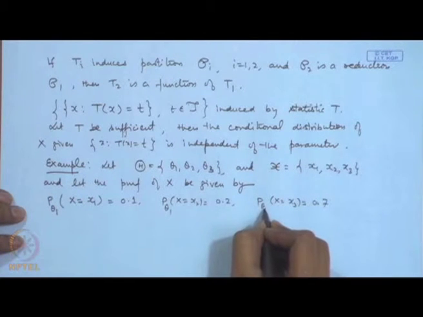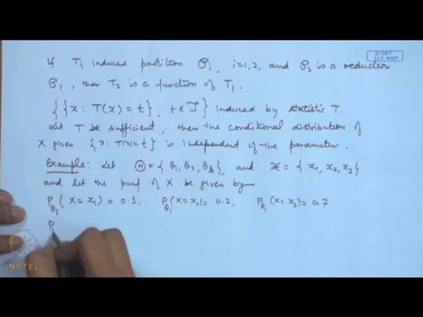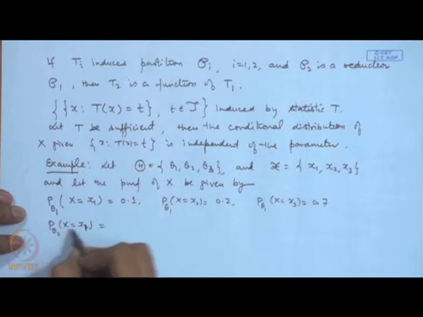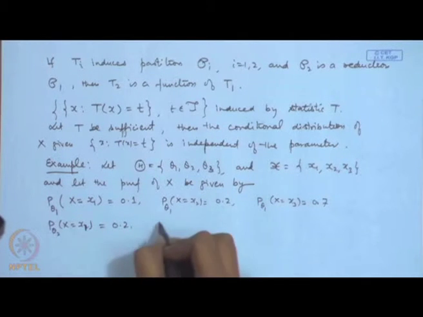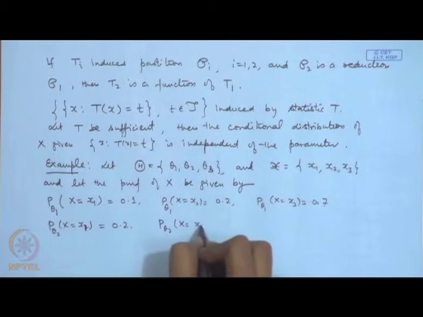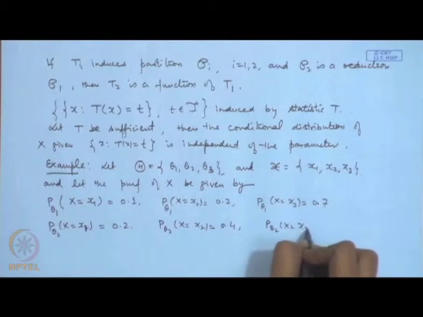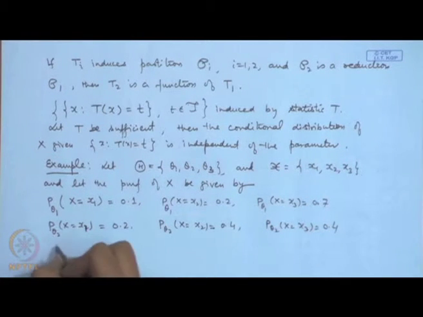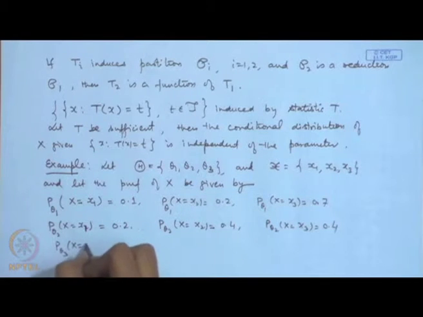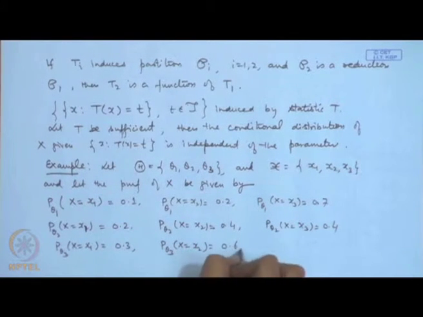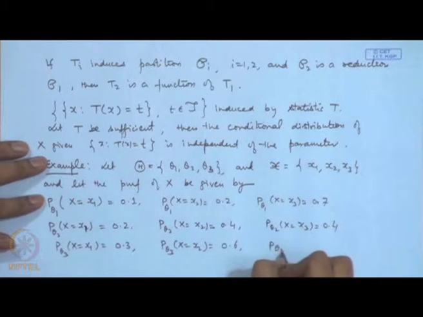So, when the parameter value is theta 1, this is the probability distribution. When theta 2 is the parameter value, the probability distribution is given by say 0.2, 0.4 and say 0.4, and when theta 3 is the true parameter value, suppose the probability distribution is given by 0.3, 0.6 and 0.1.